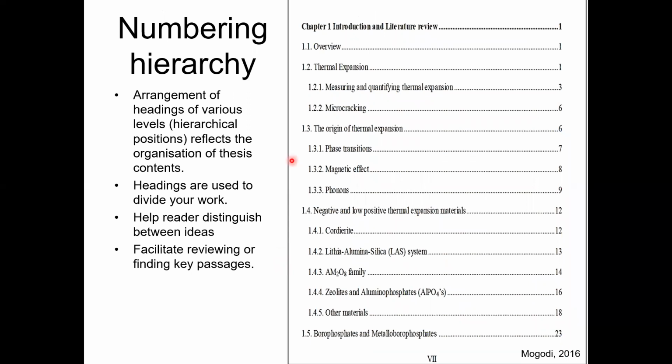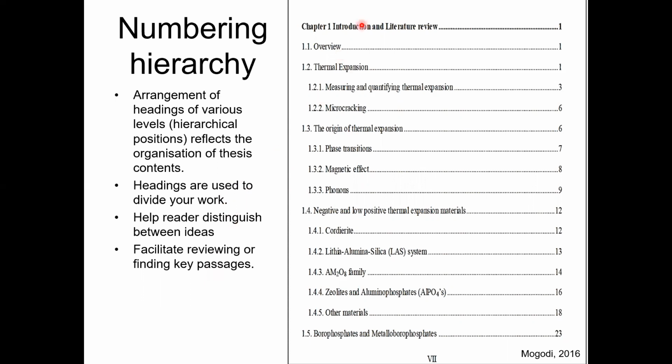Within your table of contents, you have a numbering hierarchy, which arranges the headings of the different levels of your chapter, and it reflects the organization of the thesis contents. The main headings, chapter 1, chapter 2, chapter 3, are used to divide your work. It helps readers to distinguish between ideas, and it also facilitates reviewing or finding key passages.